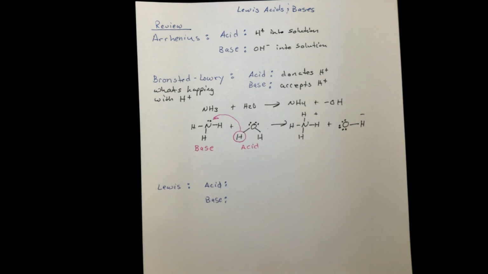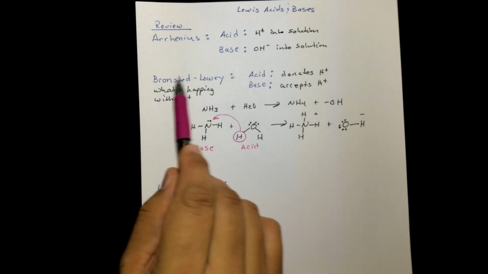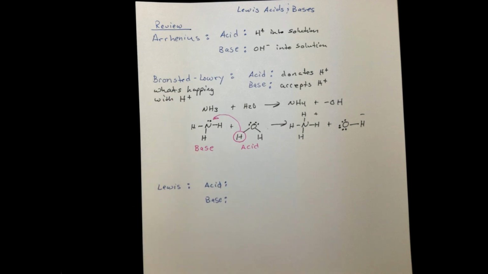So these two groups of scientists are agreeing with one another. I say groups because Brønsted and Lowry is actually two guys. So Brønsted-Lowry and Arrhenius agree that NH3 is the base, but they're looking at two different things. That's how Brønsted and Lowry works. We're looking at what's happening with the hydrogen plus, where it's coming from and where it's going.